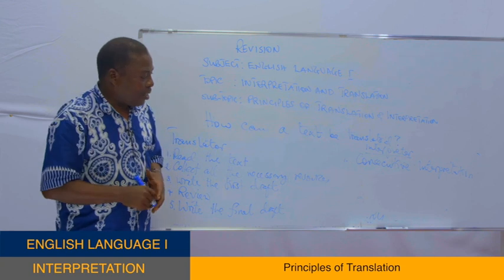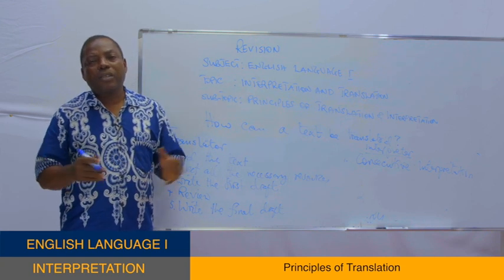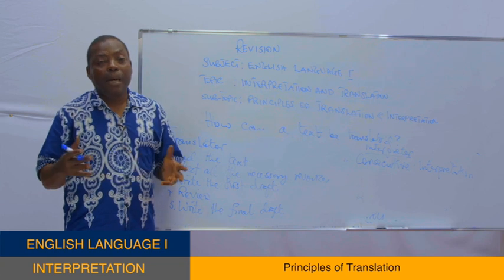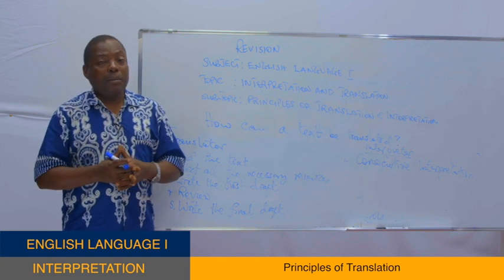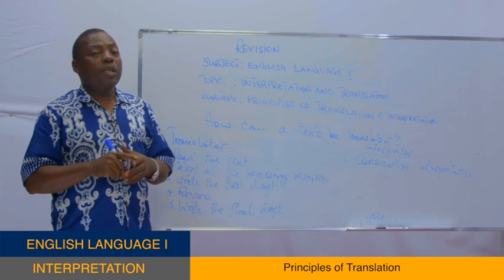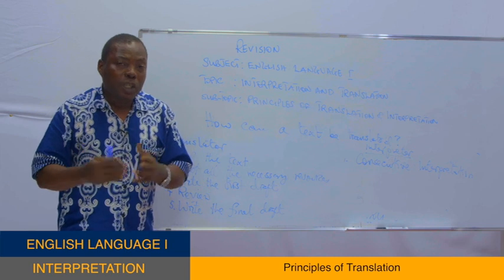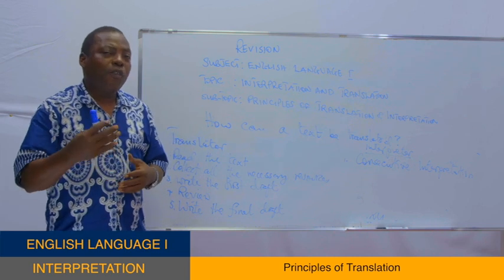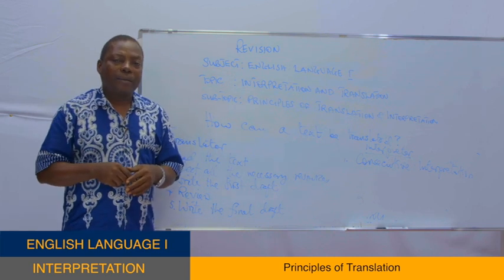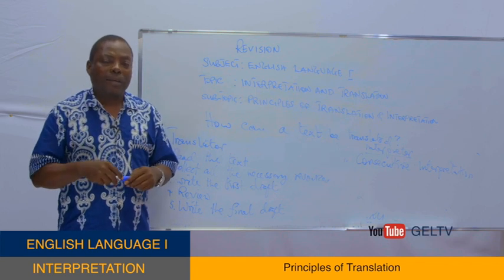It is also advised that the interpreter uses the same gestures, the same movements, and sometimes even the same facial expressions. Which again is a bit difficult, because you might not be in a position to know what kind of movement or facial expression I am going to make.